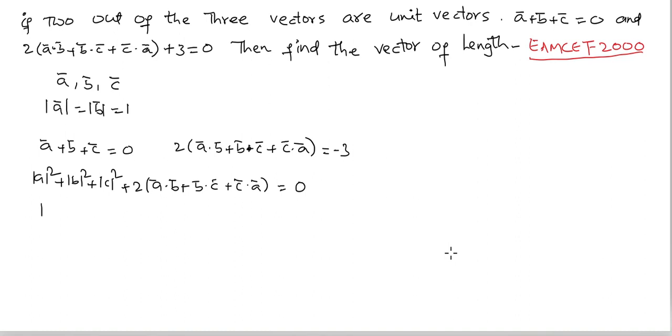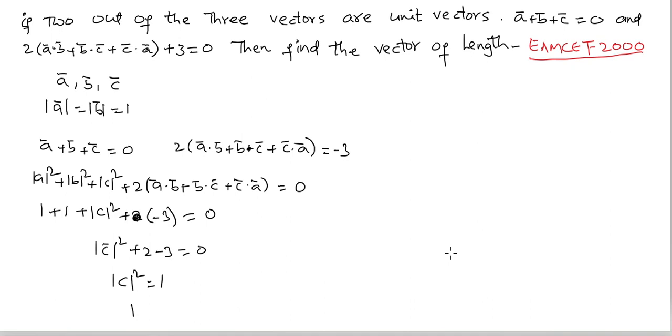Mod a square is 1, mod b square is 1, plus mod c square, plus 2 into this value minus 3, is equal to 0. That is mod c bar square plus 2 minus 3 is equal to 0. Mod c bar square is equal to 1. Mod c is equal to 1. The third vector is also a unit vector. That means mod c is equal to 1.